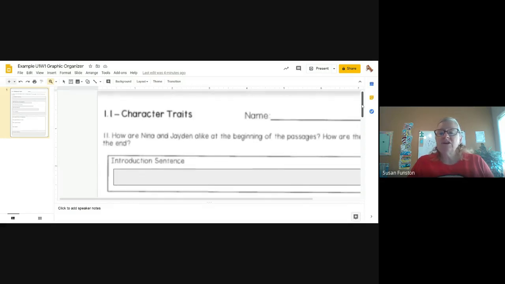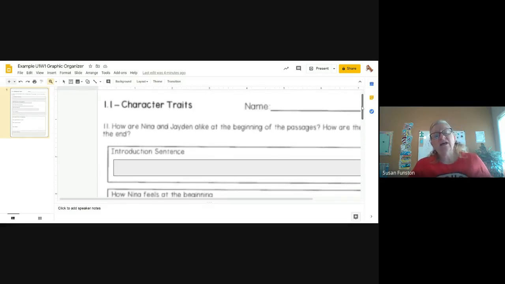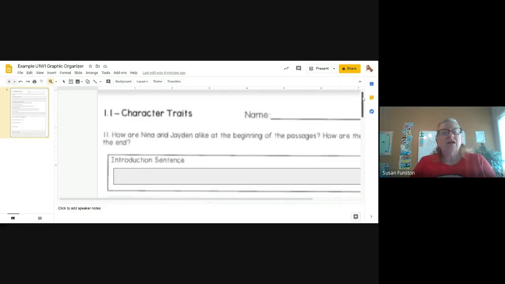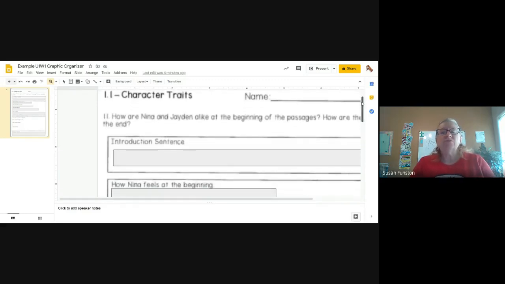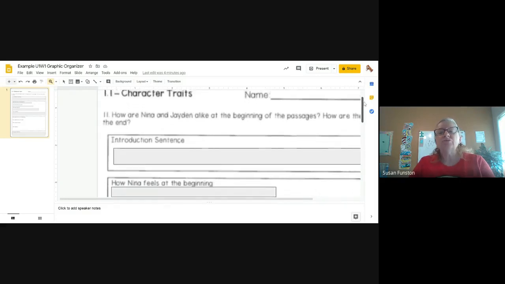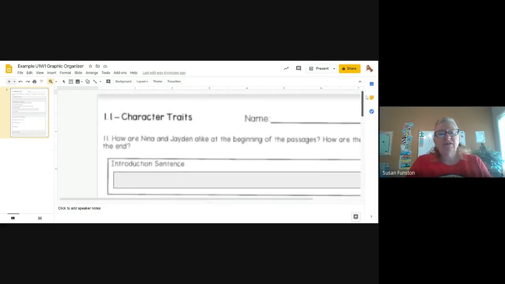A graphic organizer is just a way to help you get your ideas down on paper before you write your final draft. So this one is helping you to organize how you're going to write your paragraph, comparing how Nina and Jaden are alike at the beginning of the passages and how they are alike at the end.